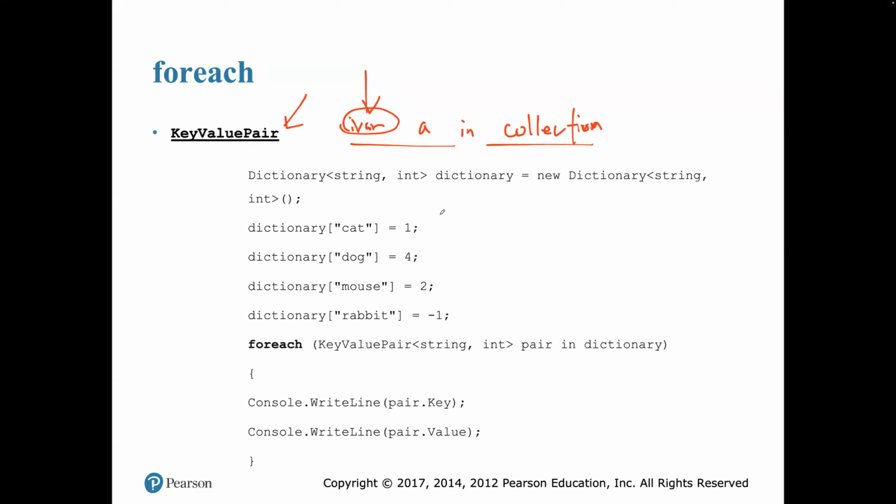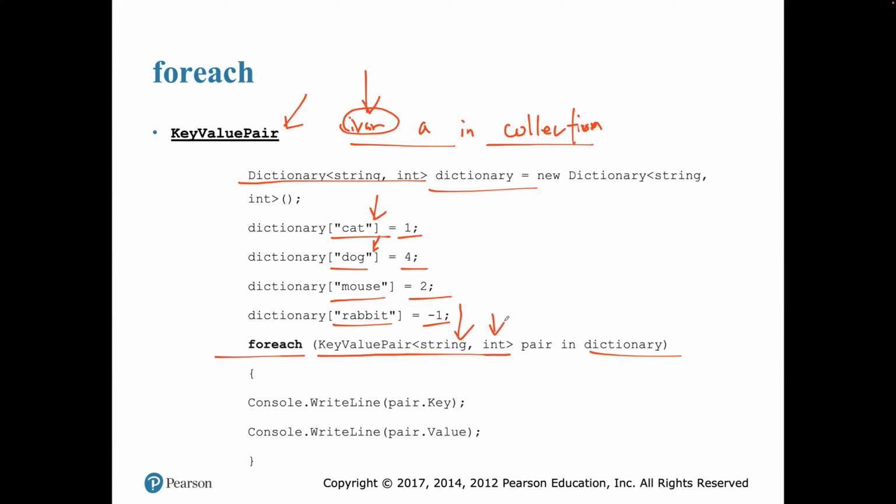We use foreach. We have a dictionary. Dictionary is key string, value int. Then you put in those data. The key is cat value 1, key dog value 4, key mouse, rabbit. Okay, so four of them in the dictionary. So basically we have four different elements. You're trying to go over every element in this dictionary. We're using the foreach. So in here, we're using the keyword KeyValuePair.